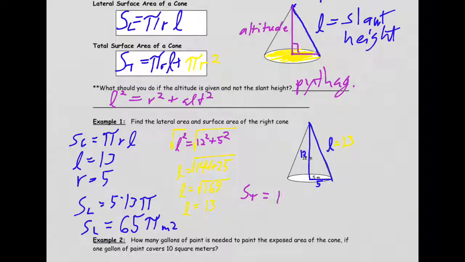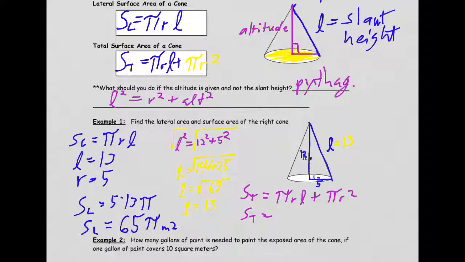ST is pi. Yeah, I could leave that as an answer. If they ask me to round to the nearest hundredth, I'm going to have to plug that into my calculator, 65 times pi. And my total surface area is going to be my lateral surface area, that pi r L, plus my base, so that's pi r squared. Well, I already know what my lateral surface area is because I got it over here.